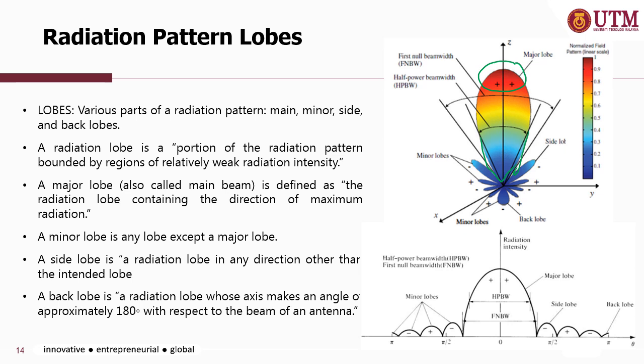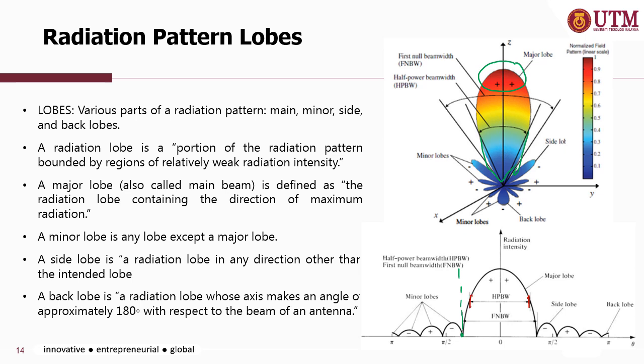So when we represent it in 2D, this area is the region of full null beamwidth, while the half power beamwidth is from this area to this area in the plot.